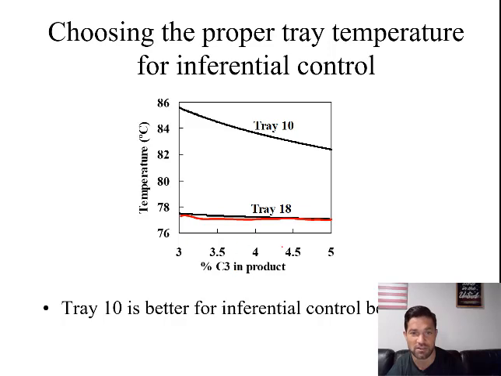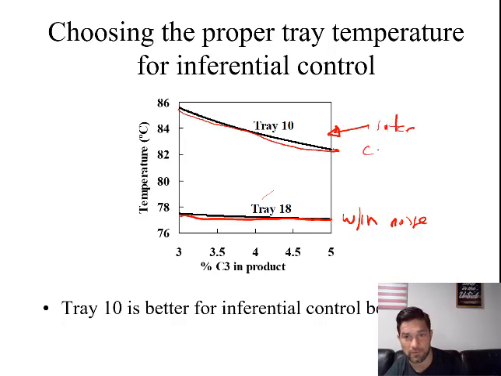So as the composition changes from 3 to 5, we don't see a very strong correlation. And this is in fact probably within the noise of the sensor. Whereas for tray 10, we can see there is a much stronger correlation between the composition of the product stream and the temperature of the column. So we would use the temperature of tray 10 to infer composition.